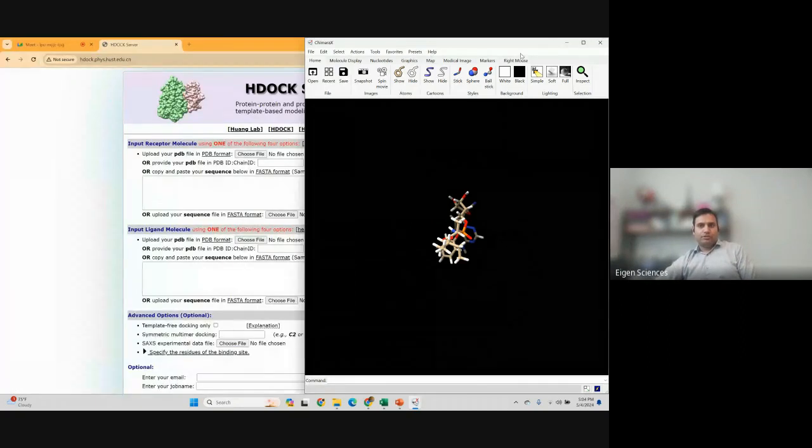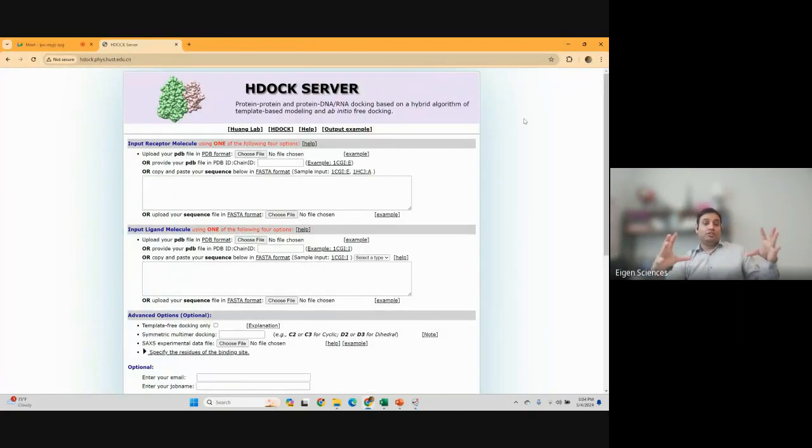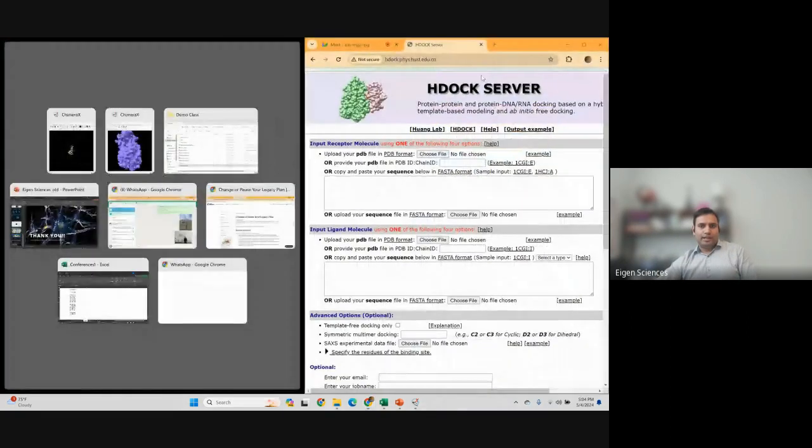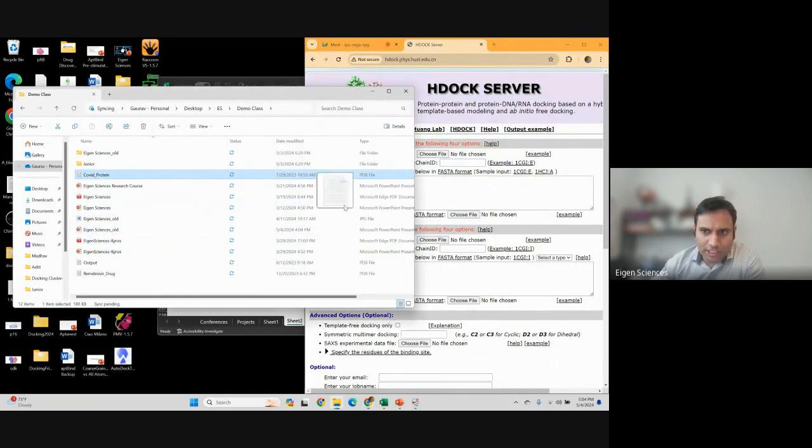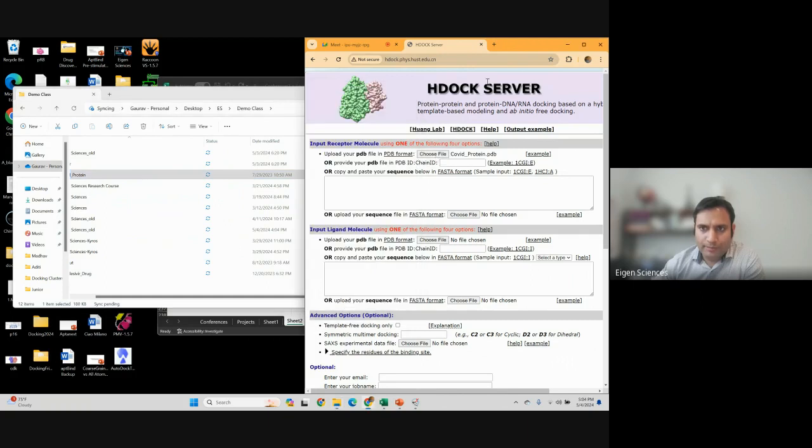If you remember, there was a boat video which I showed you. We will do the same thing. How can we connect two Legos together? Lego number one is the COVID protein, which will go here, uploaded.